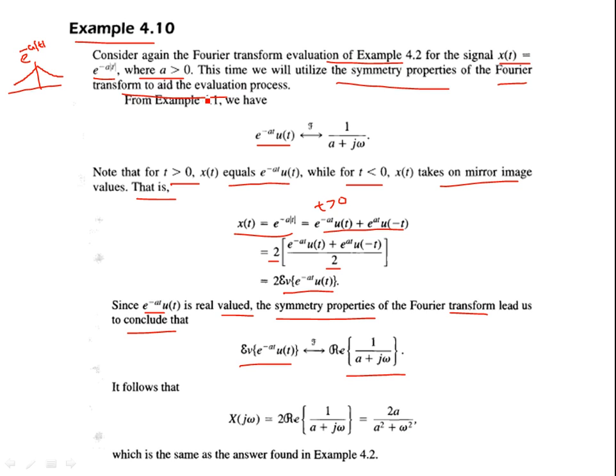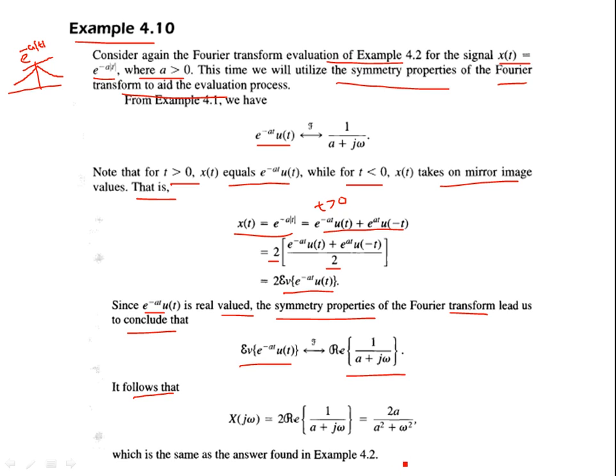So that's the Fourier transform of e^(-a|t|), the Fourier transform of the entire signal. It follows from the conjugate symmetry property that if the signal is real and even, the Fourier transform is first an even function of ω, and then it's real.